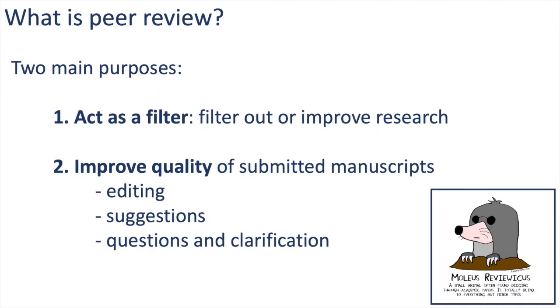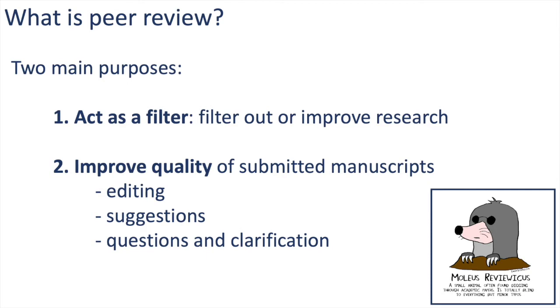The two main purposes of peer review for publications are to act as a filter, that is, to filter out research that wasn't done properly, or maybe bad writing, bad structure, or misleading research, all of those things. But it's also there to improve the quality of the submitted manuscripts, maybe through editing, through suggestions, but also by asking questions or asking for clarification.